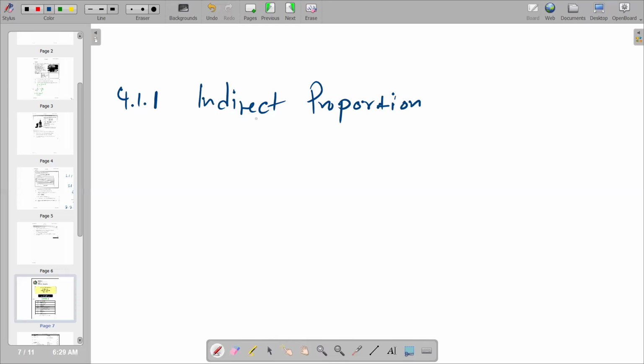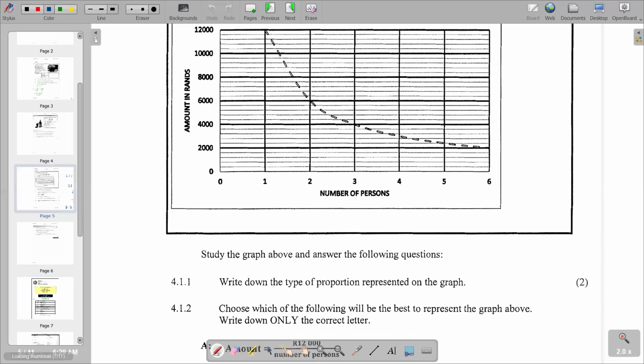The relationship between the two variables depicted by the curve is a negative relationship, which we can also call an inverse relationship. In particular, the question requires a type of proportion, so we say it's an indirect proportion, or also an inverse proportion. So basically, that's what we have.